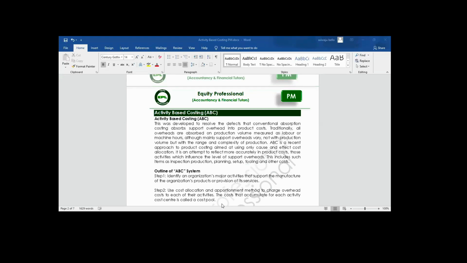These are costs incurred and can be traced to a particular product or service. Examples of direct costs are direct material cost, direct labor cost, and direct expenses.